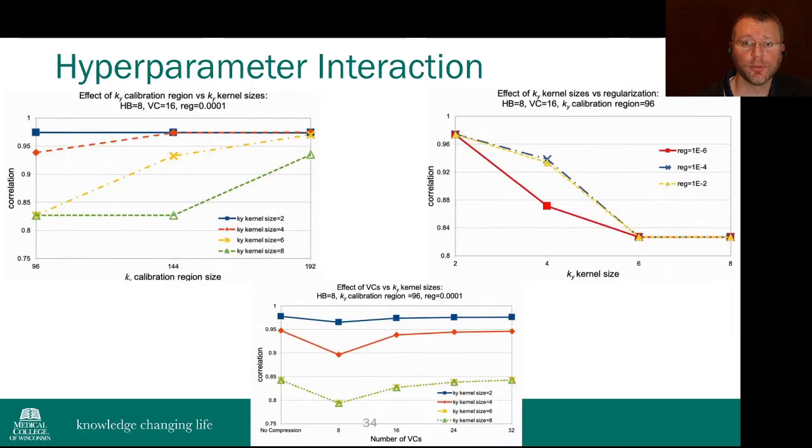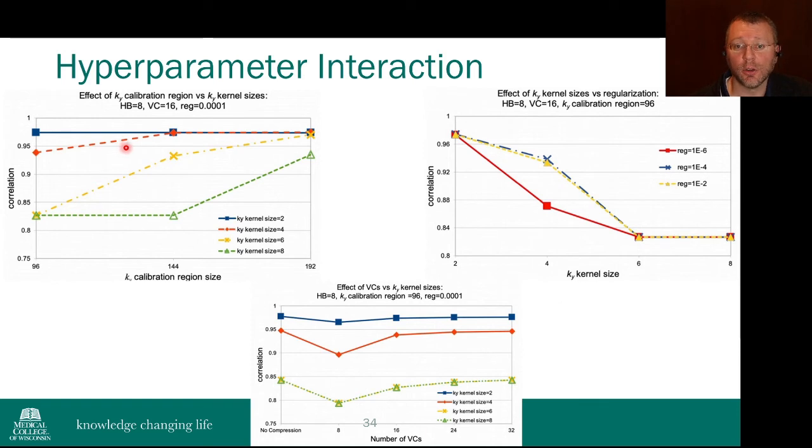With an exhaustive grid search across the parameter space, we can look at interactions between different variables. So in this case, let's just go ahead and take a look at that kernel size in the Y direction. And what you'll find with that is that with smaller kernels here in the blue and the red lines, you can get away with smaller calibration regions and still do very well.